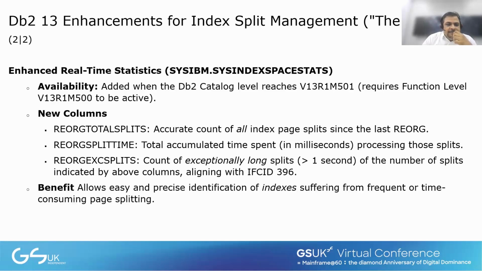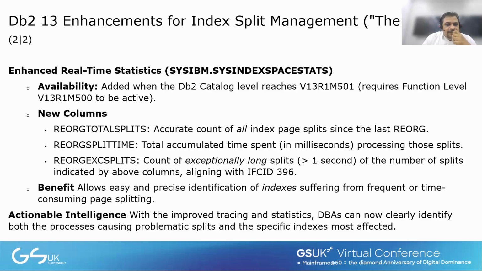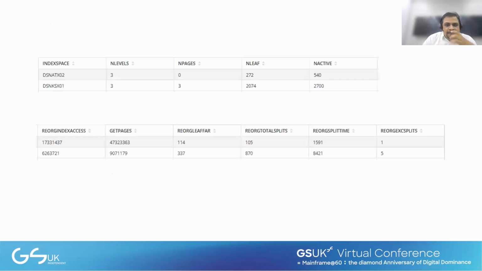They are very helpful. With the improved tracing and the statistics, DBAs can now clearly identify the process causing problematic splits and the specific indexes, so you can now pinpoint them. If you query the catalog for a few indexes, this is just a view from the catalog, you can get a better picture.